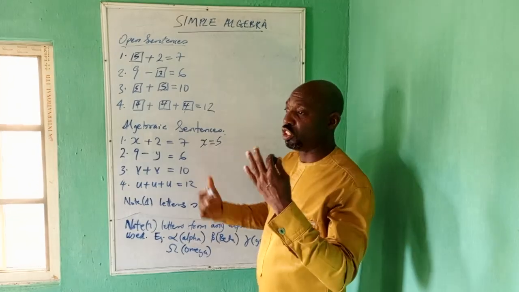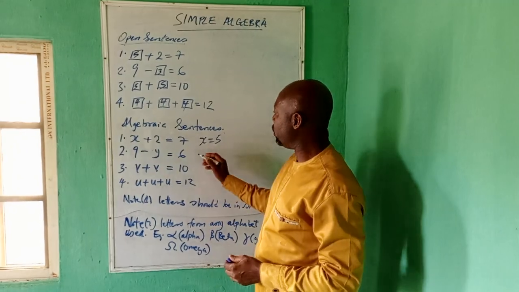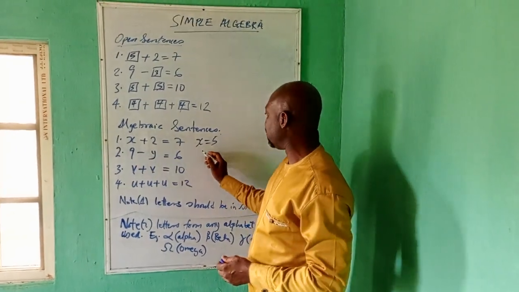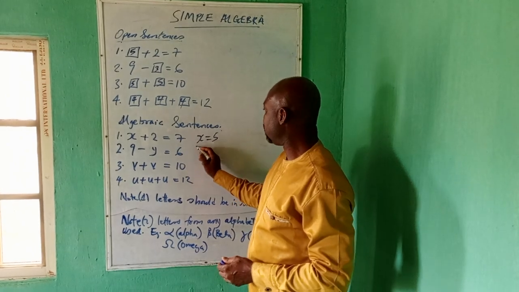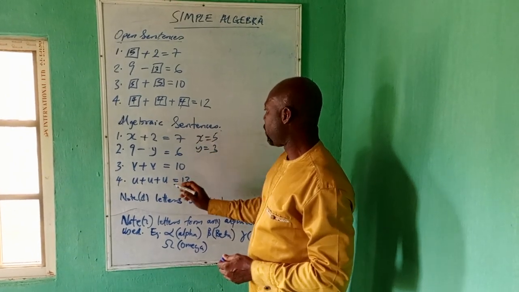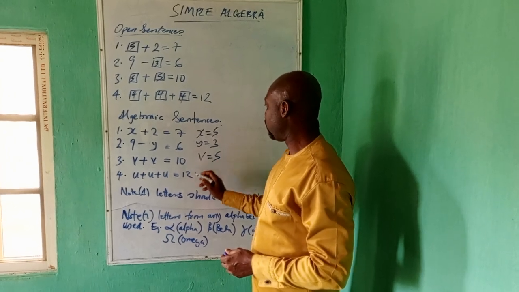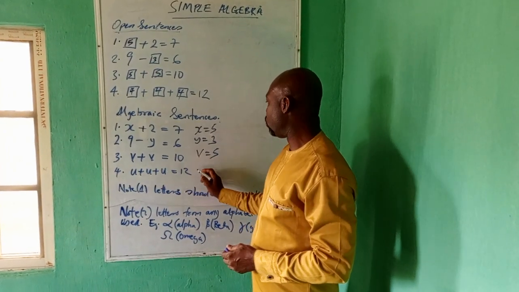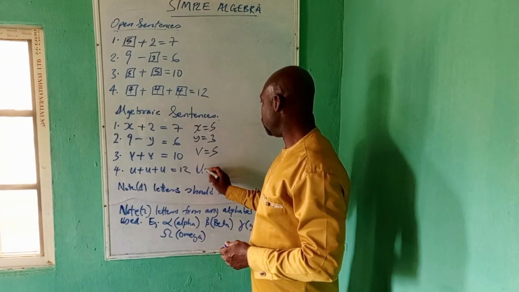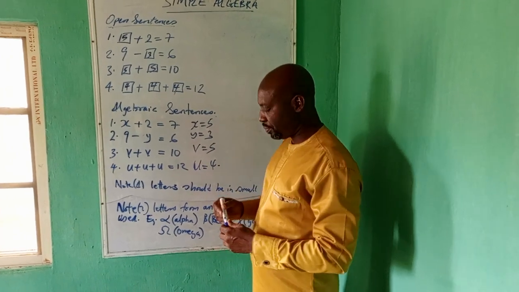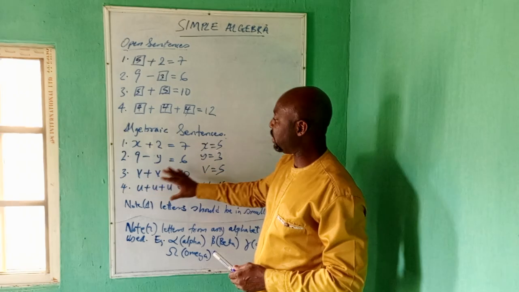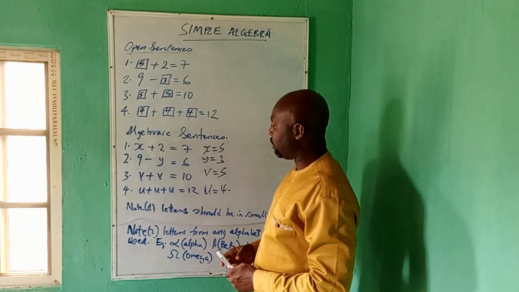You are just using your number skills to know the answer. y minus 3 is equal to 6, y is equal to 3. v plus v is equal to 10, v is equal to 5. u plus u plus u is equal to 12. That means u is equal to what? 4. So what we have here is our algebraic sentences.